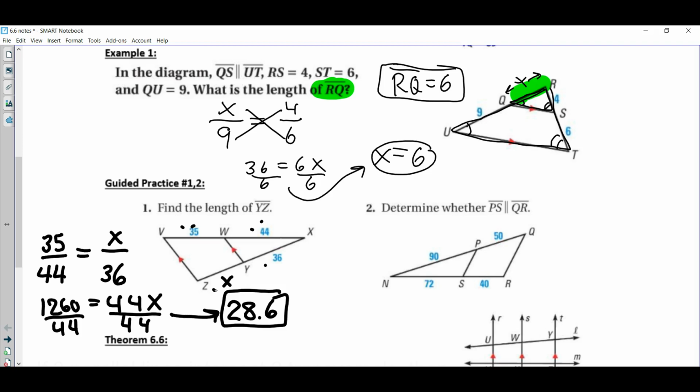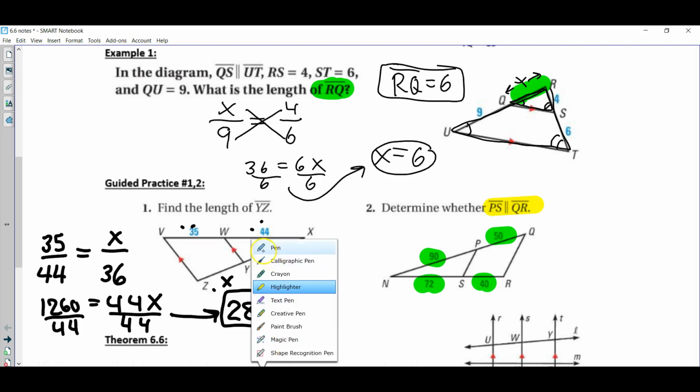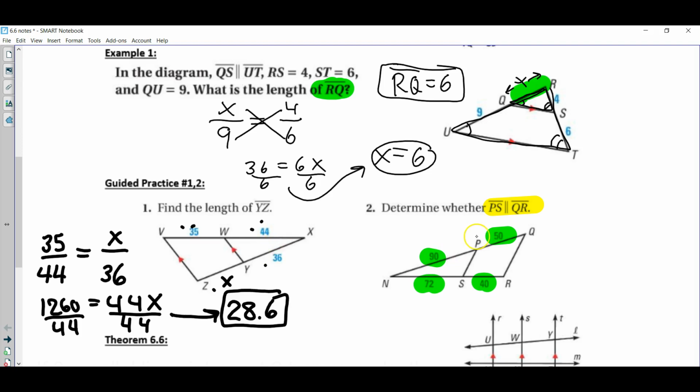Now in number 2, we actually have all 4 portions of our triangle that are given to us. They gave us 90, 50, 72, and 40. What they're asking us to figure out here is if PS and QR are parallel to each other. And so all we're going to do is test this to make sure they come out with the same scale factor. 90 over 72 corresponds with 50 over 40 because they're top to bottom and top to bottom.